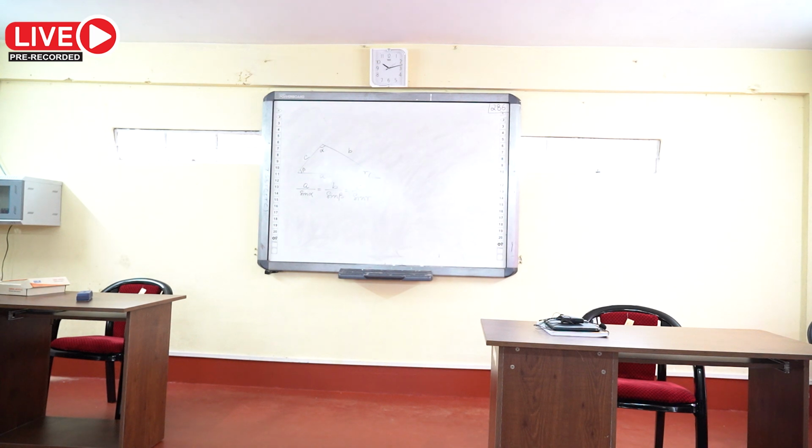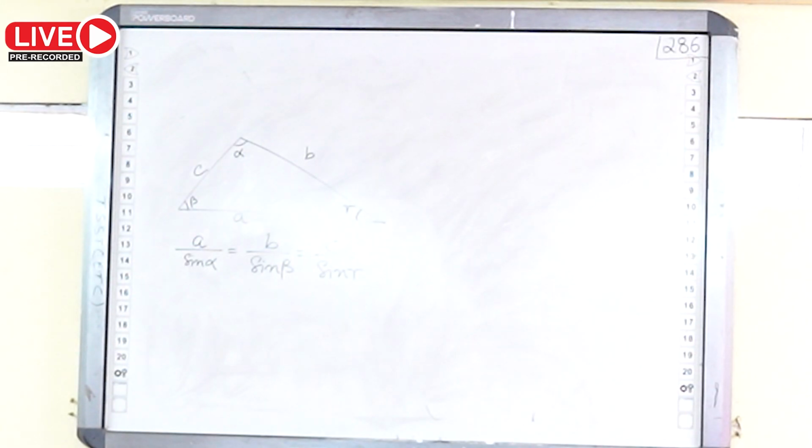So in trigonometry this is called the sine rule. When you draw the vectors, you will represent a vector by a line segment where we consider that the magnitude of the vector is proportional to the length of the line segment.